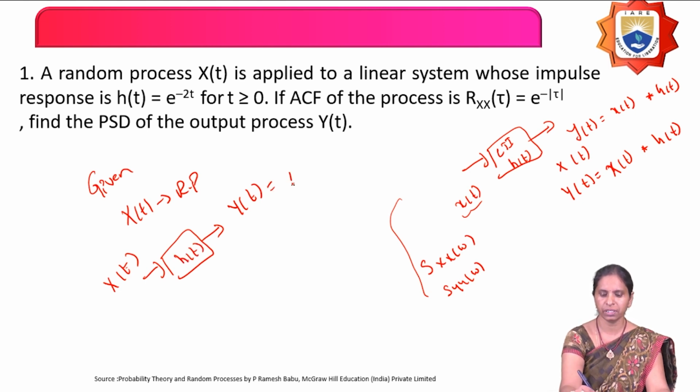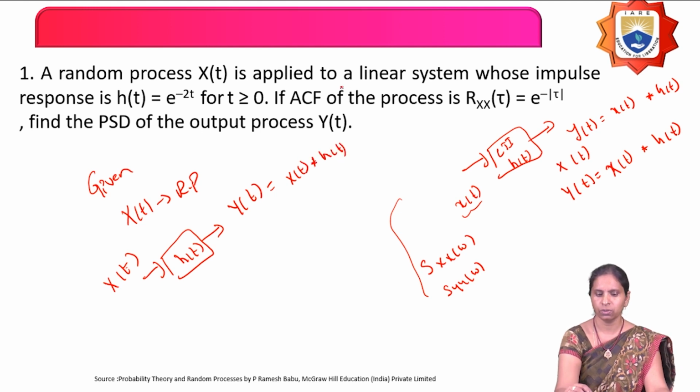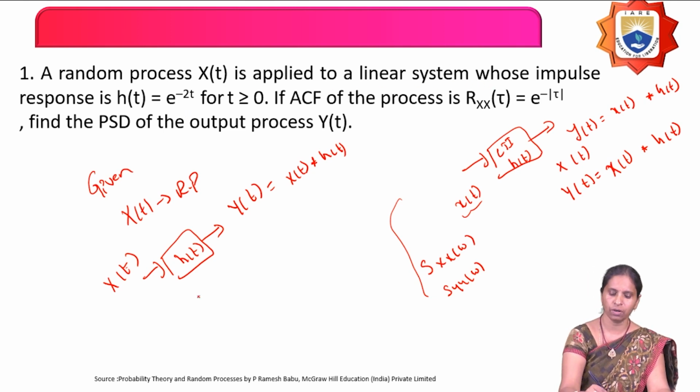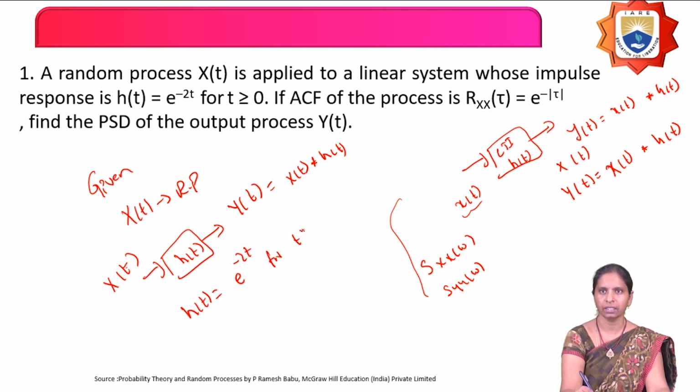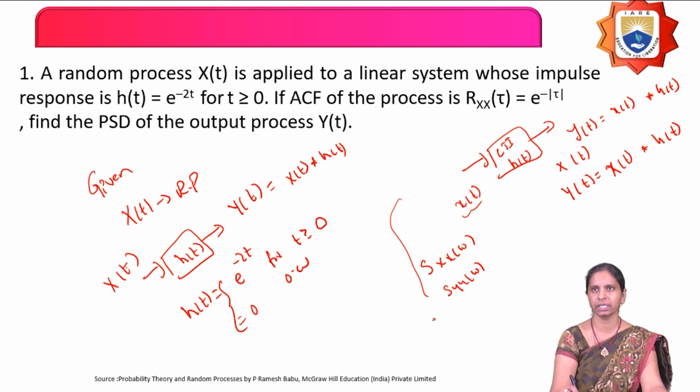Then y of t equals x of t convolution h of t. So they have applied a random process x of t to a system whose impulse response is h of t equals e power minus 2t for t greater than or equal to 0, and it is 0 otherwise. So this is the impulse response they have given.